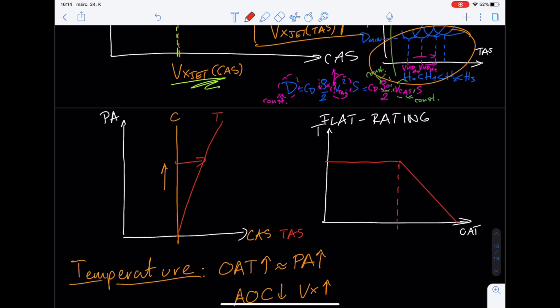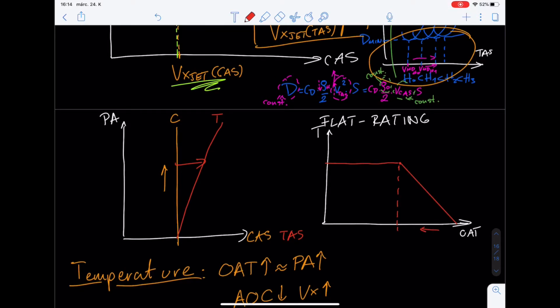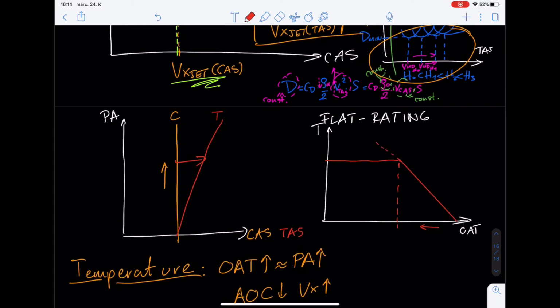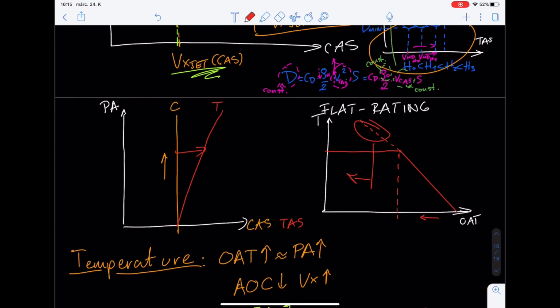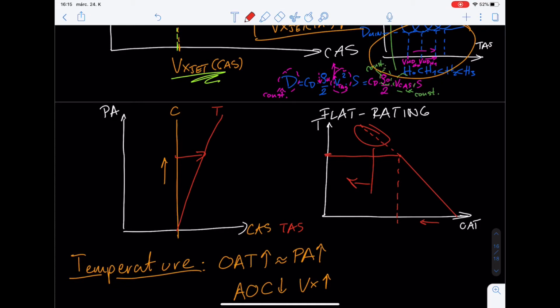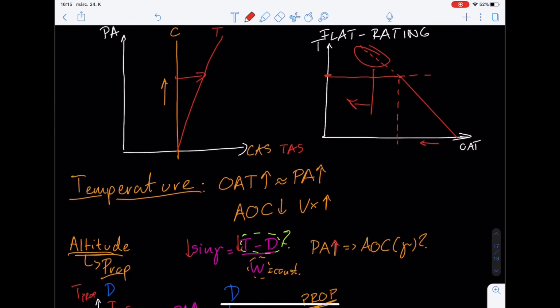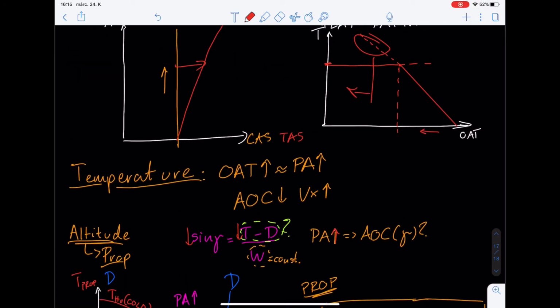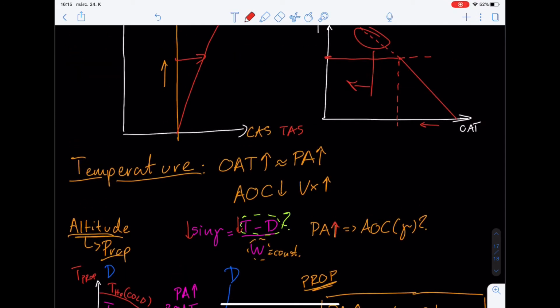The reason is that as you decrease the outside air temperature, the density becomes higher, and if the engine wasn't flat rated, you could generate higher thrusts at these lower temperatures, which could damage the engine. So this flat rating limitation is there to protect the engine. It's an RPM limitation. And this is what the Path Pilot book is referring to.